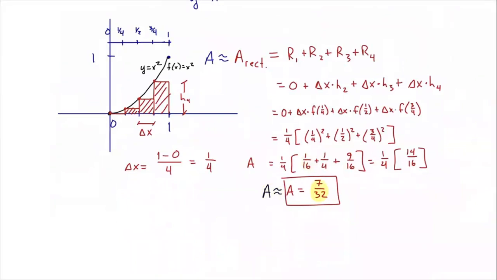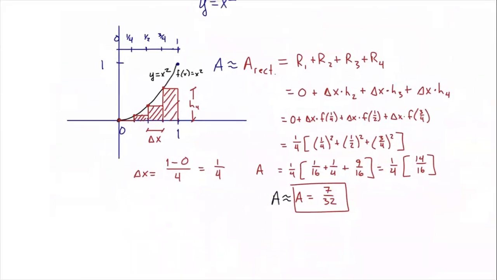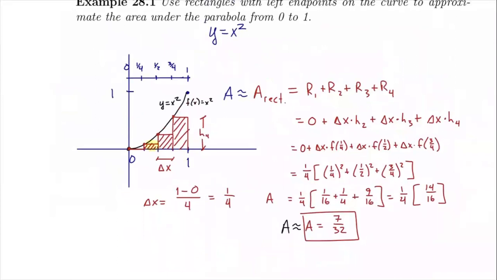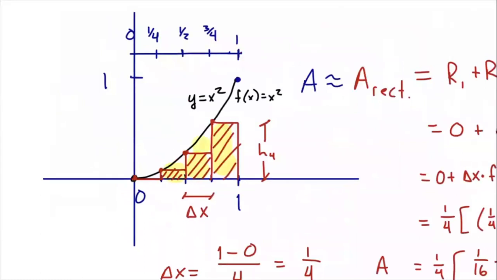Now, some things are obvious. One of those being that our estimation here, our approximation, is an underestimate, right? It misses some of these spaces that it doesn't fill in rectangular area with. If we did a right endpoint approximation, we would have the opposite effect. We would have rectangles that look like this.